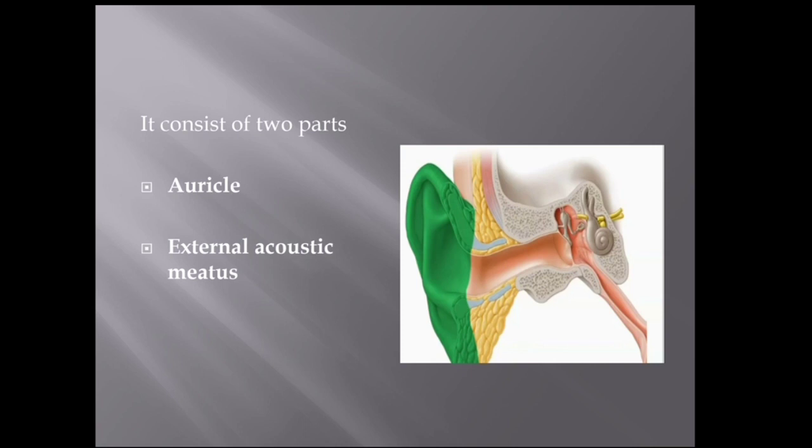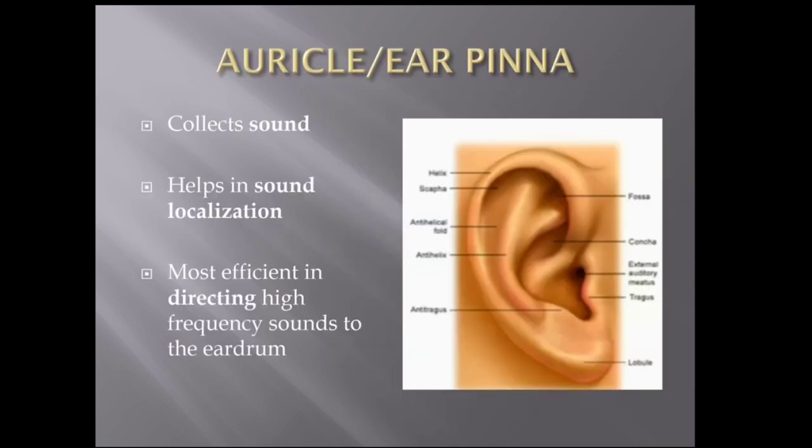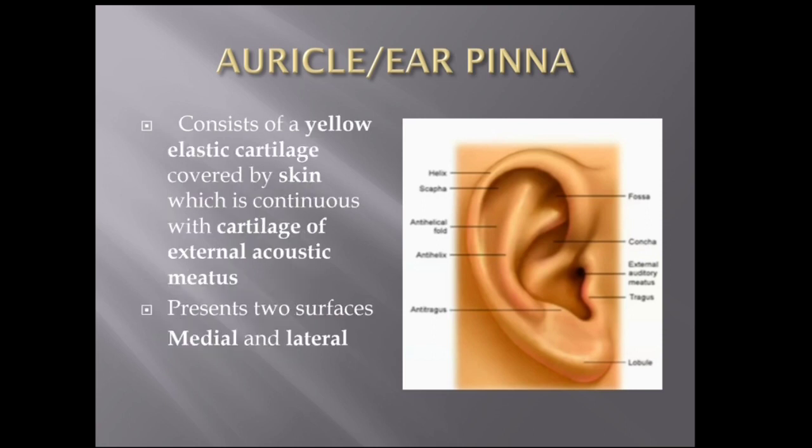External ear consists of two parts: auricle and external acoustic meatus. Auricle, also called the ear pinna, collects sound, helps in sound localization, and is most efficient in directing high frequency sounds to the eardrum.